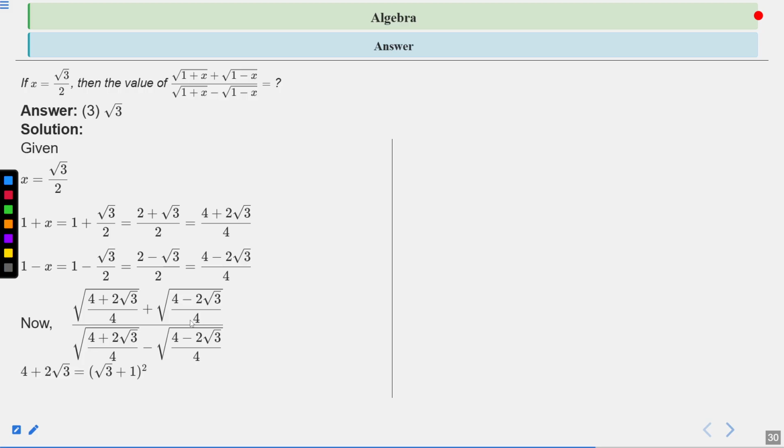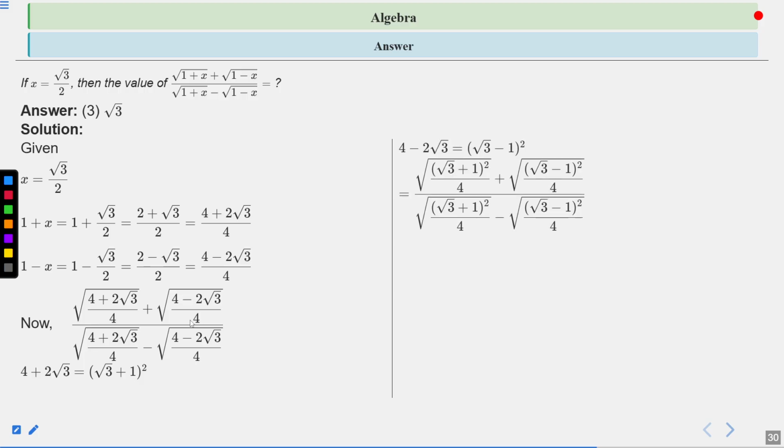When we simplify it, we get 4 plus 2 root 3, which equals root 3 plus 1 whole square. Similarly, 4 minus 2 root 3 is equal to root 3 minus 1 whole square.